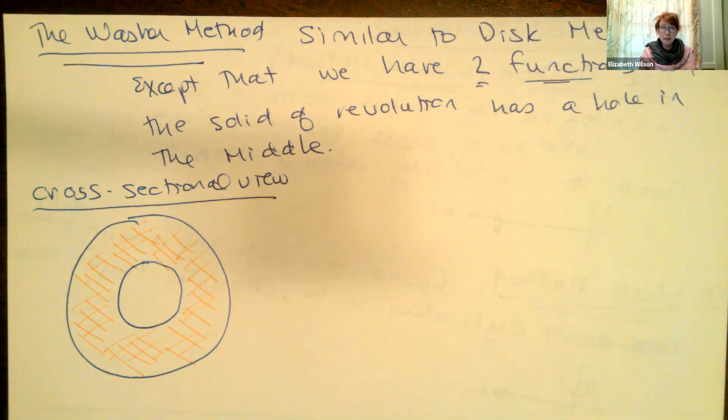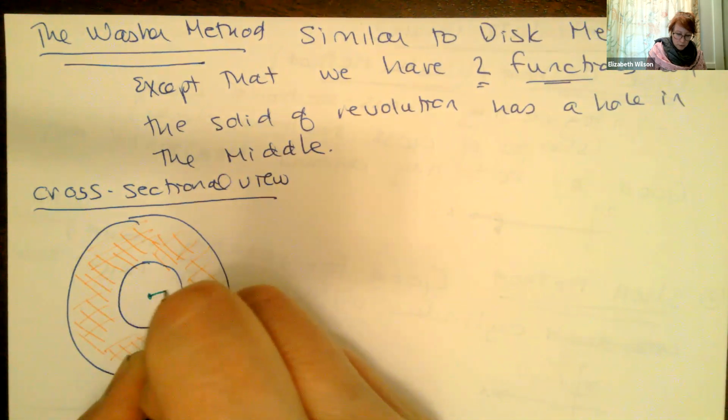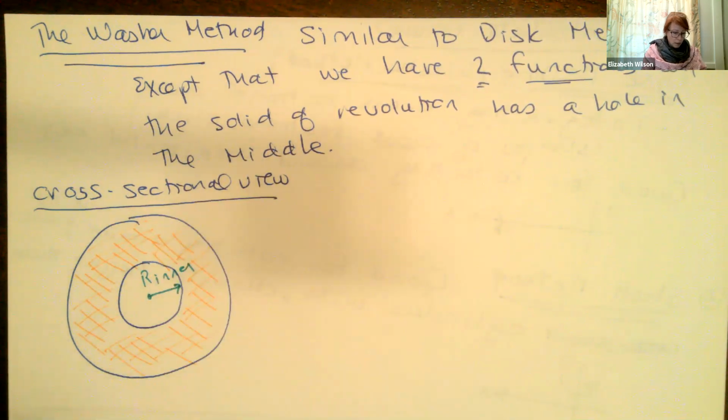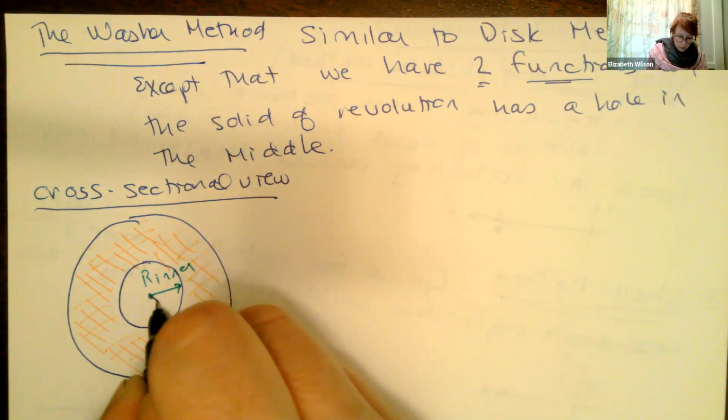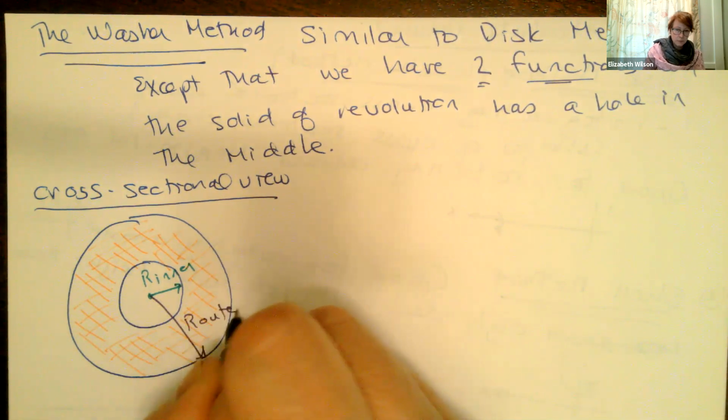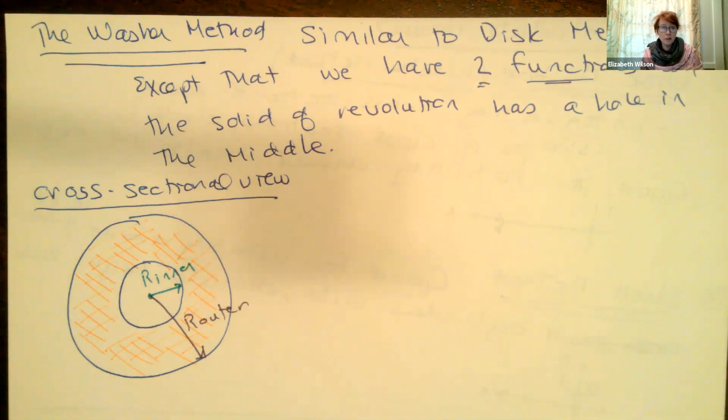This is the area that I'm going to be calculating all of these cross-sectional areas for. I'm going to sum them up to make a total volume. So from here to here is our inner radius. And then from here to here is our outer radius. Okay, we have an inner radius and an outer radius. These come from the distances between our outside function to the axis of revolution and our inside function to the axis of revolution. We're going to talk all about this stuff.